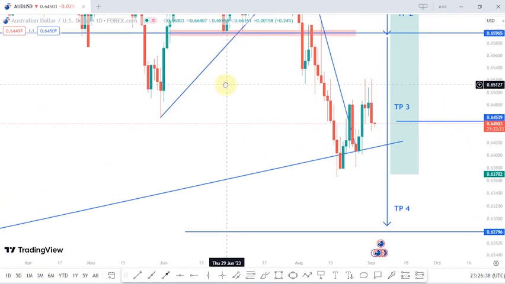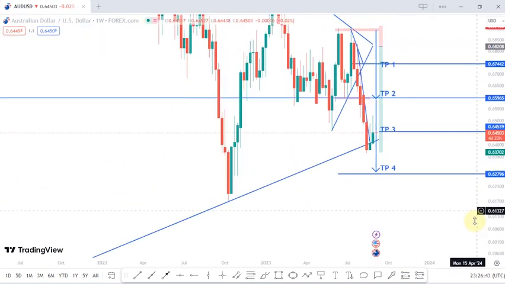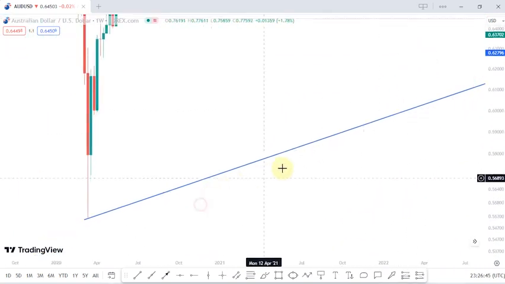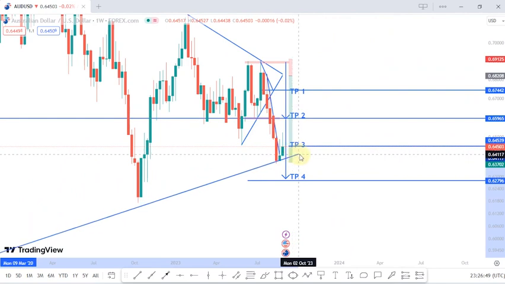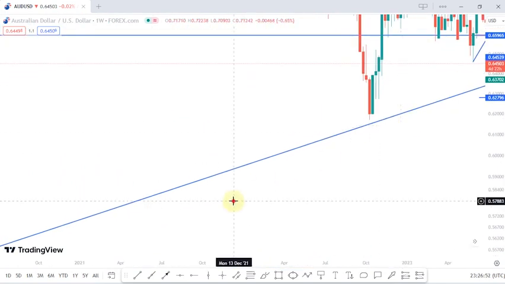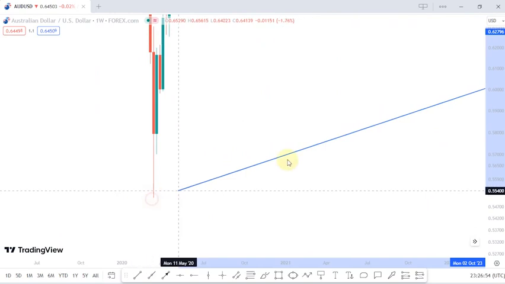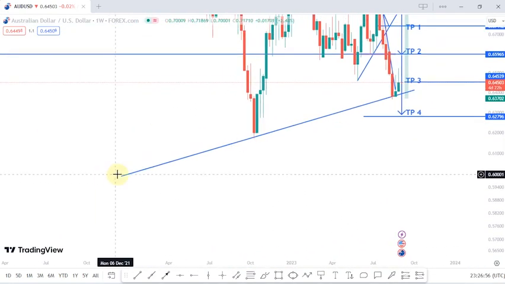And if I could go to the weekly to mend that chart, let's see what we could have. Okay, it's okay like this. If I do it like this, then I have to pull this away from here.